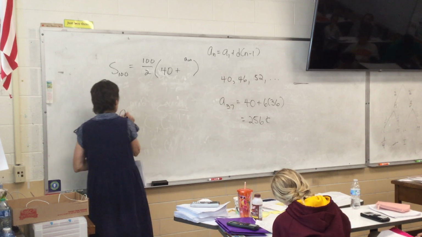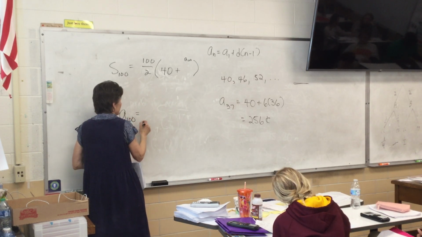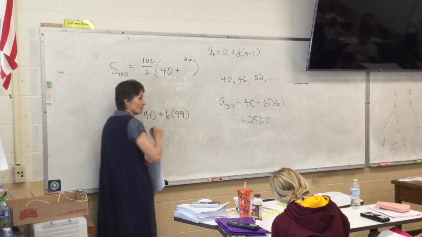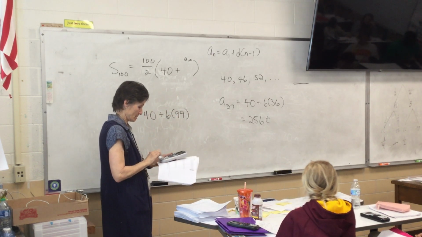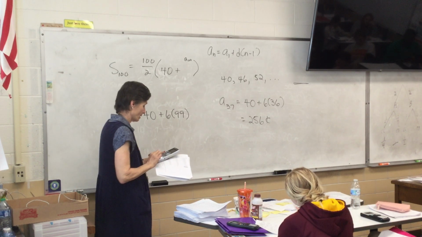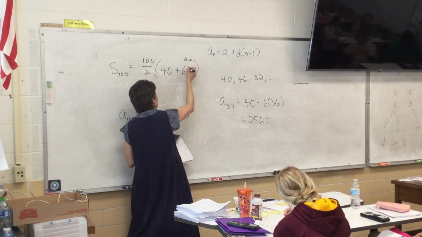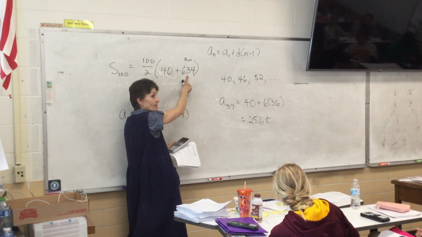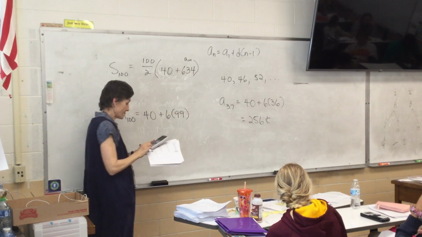So the 100th term is 40 plus 6 times 99. $634. And that's not the answer to the question, that's what goes in here, right? So now I can answer the question.